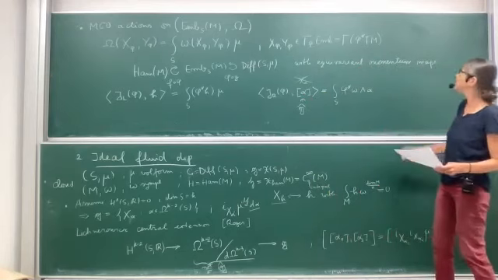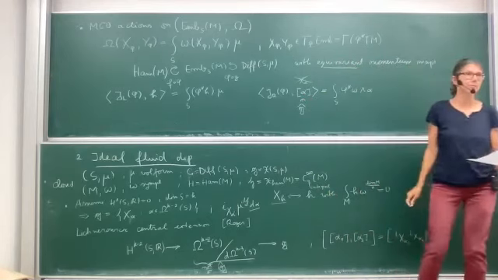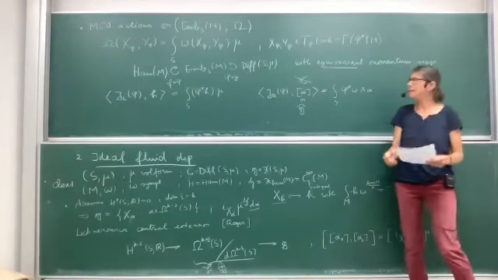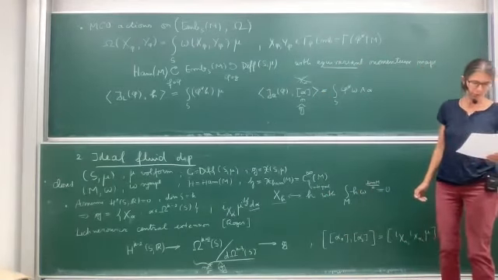And now they will be really equivariant momentum maps. So they are Poisson maps, and we can write the ideal fluid dual pair.